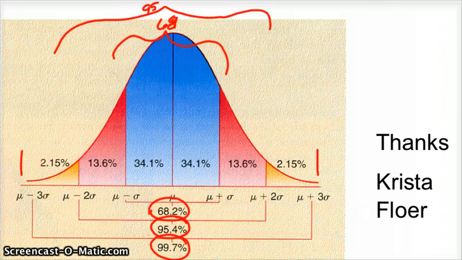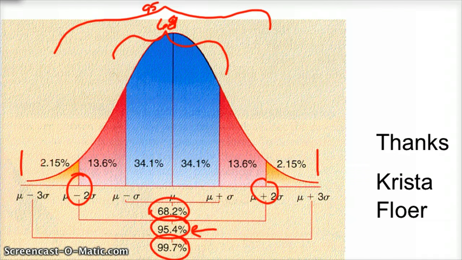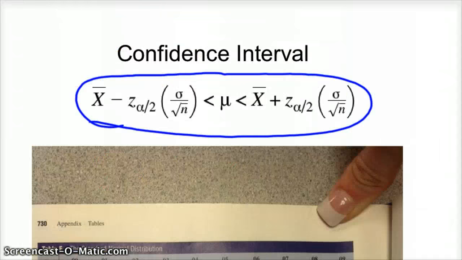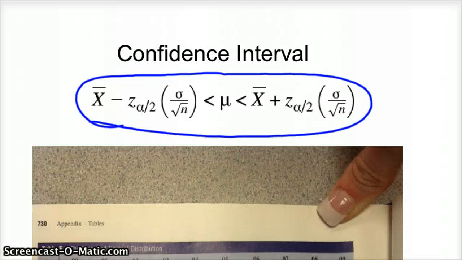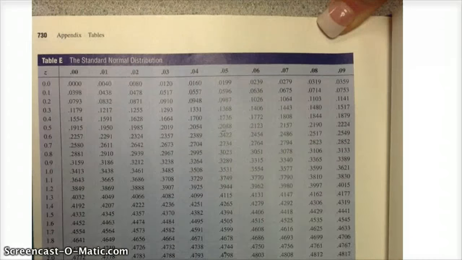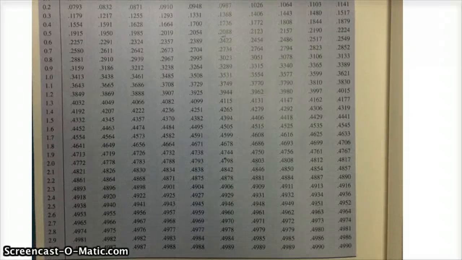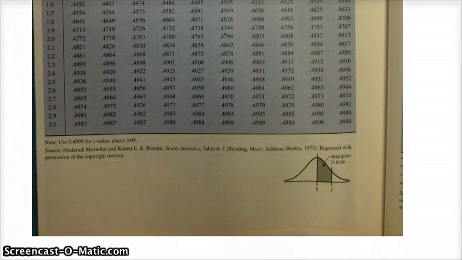If you go back and look at that, we know it's somewhere in this region because of the 95.4%. To find out exactly, we're going to use this z-table first, and I have a picture of it. What this z-table does, if you look down here on the bottom, is tell you the area.